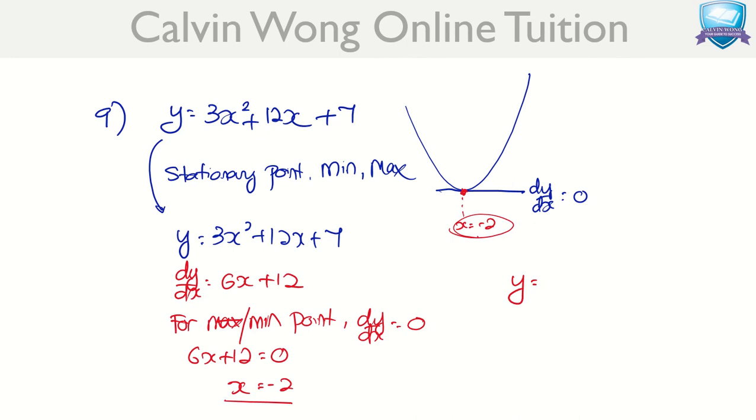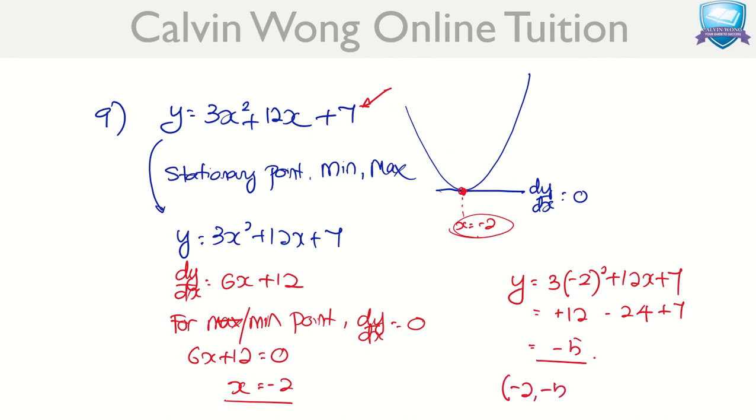No. We substitute the x into the equation of the curve. y equals 3 times negative 2 squared plus 12x plus 7. 12, minus 24, plus 7. That will give you negative 5. So y is negative 5, so the coordinate is negative 2 and negative 5.